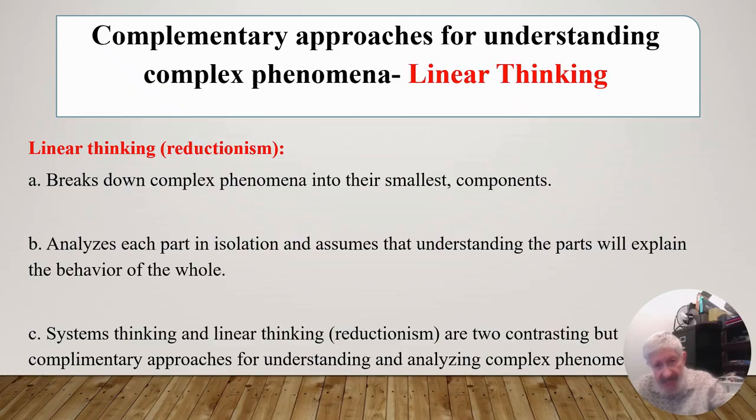Now, a lot of people, when they talk about systems thinking or holistic thinking and linear thinking or reductionism, look at them as two competing ways of thinking, but they're not. They are actually complementary to each other, and we need them both.